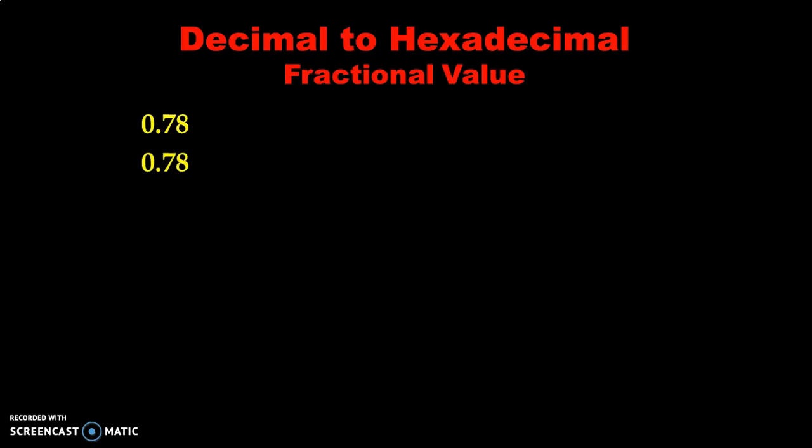Now in the same way we can do a separate process for our fractional value, that is 0.78. For 0.78 we go for repeated multiplication with 16. We take the carry, or we call it the integer value, aside, and that carry or integer value will give us the equivalent hexadecimal number. So in this case 12 is the integer value. We are taking aside 12, which is equal to C. In hexadecimal we know. 0.48, that is the fractional value, we are taking back for multiplication with 16.